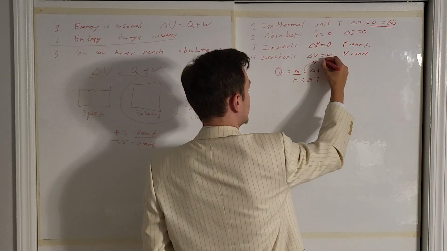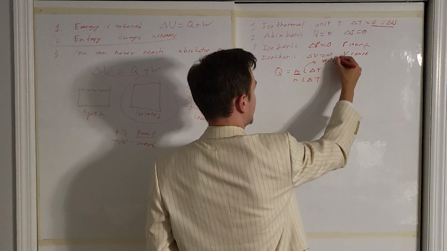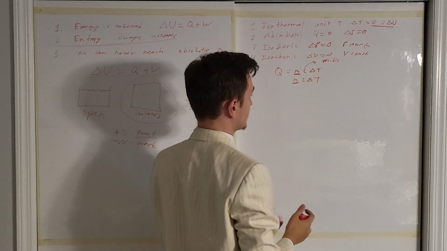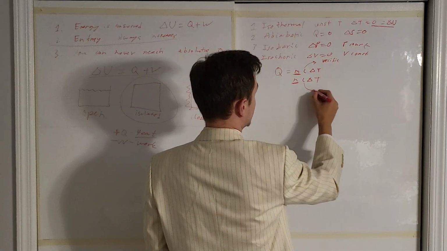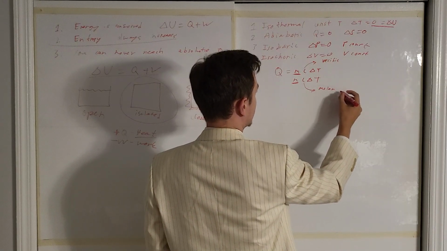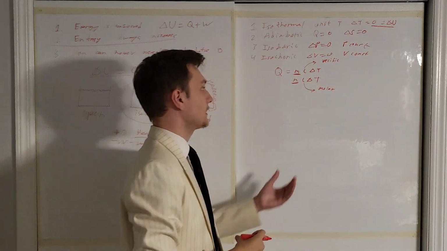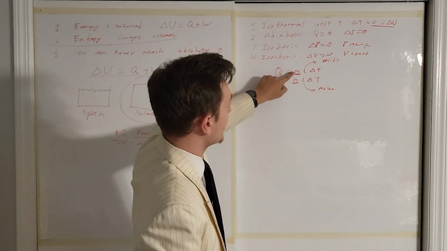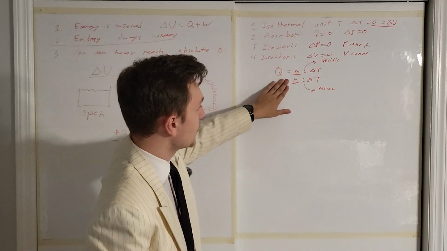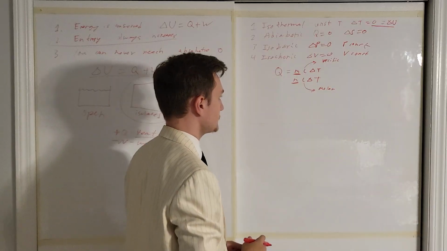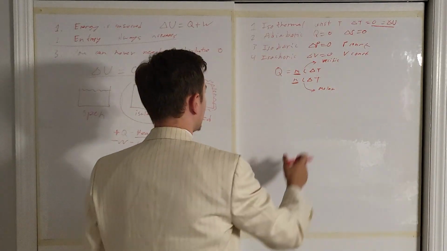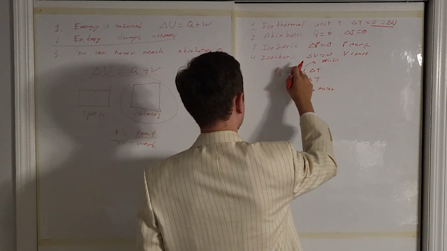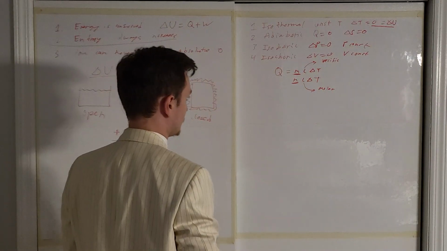This is the specific heat capacity. This is going to be the number of moles in your system. This is going to be the molar heat capacity. Okay? So depending on whether you're given the specific heat capacity or the molar heat capacity, you're going to need to multiply that by either the mass of your system in kilograms or the number of moles in your system. Okay? So you would, of course, be given your heat capacity, and you'd have a way of finding out either the mass or the number of moles.